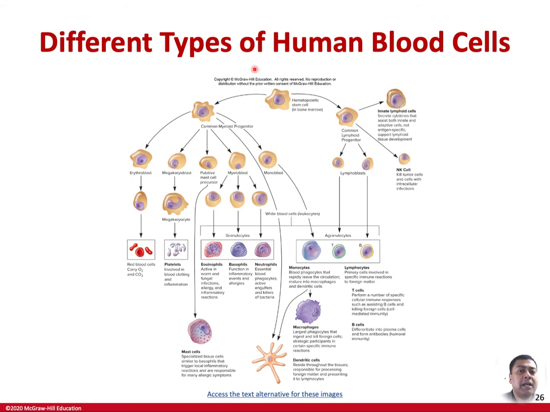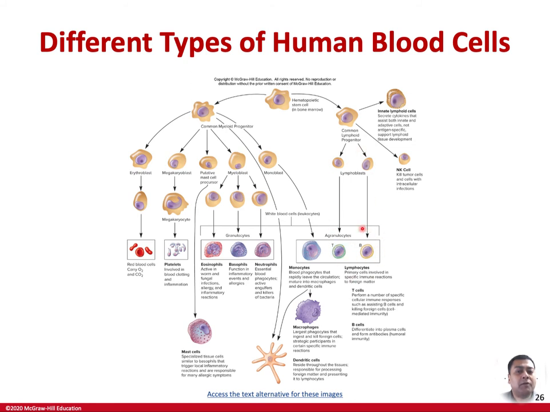On the other hand, the hematopoietic stem cells can also give rise to the lymphoid progenitor cells. The lymphoid progenitor cells can give rise to lymphocytes, and these lymphocytes can differentiate into another two types of agranulocyte, which are the T cells and the B cells.